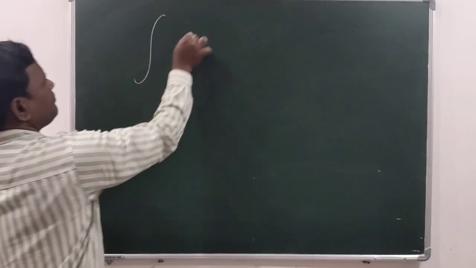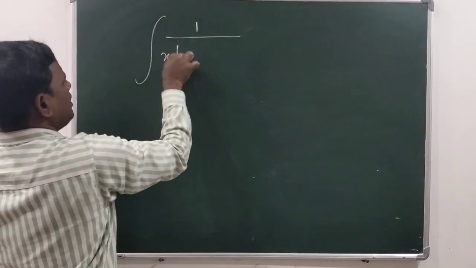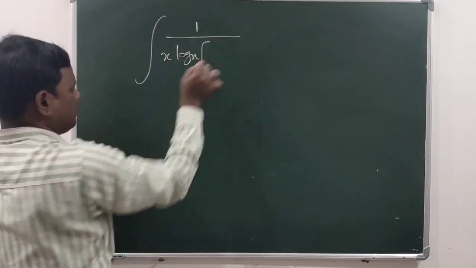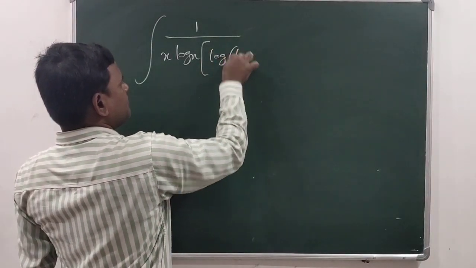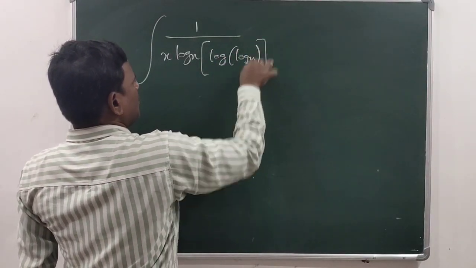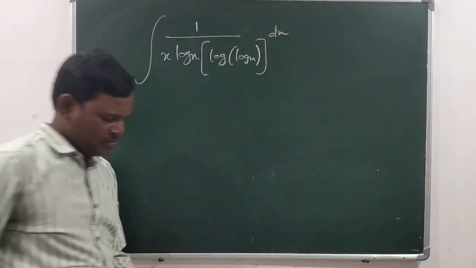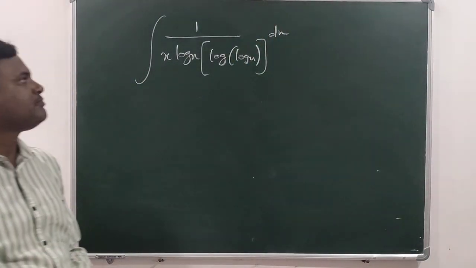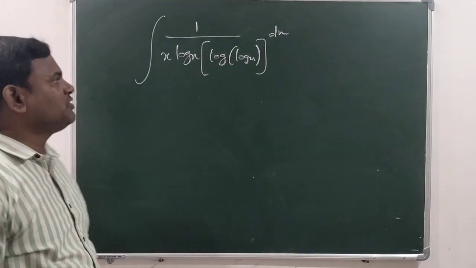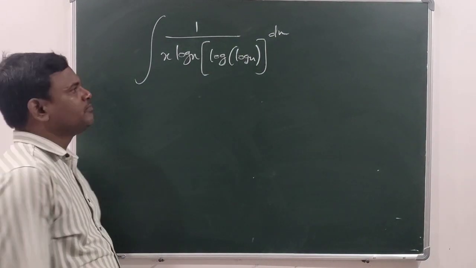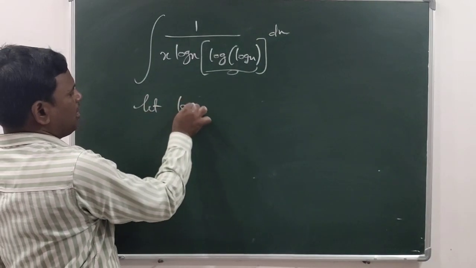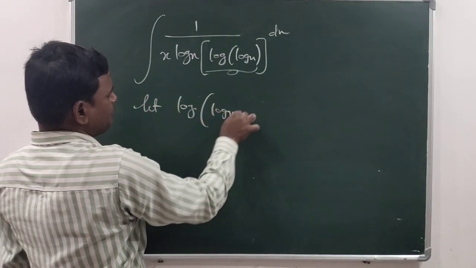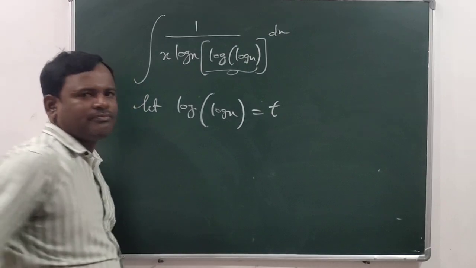Integral of 1 by x log x, bracket of log x, dx. Now students tell me, even this one also we are going to answer by substitution. Now let us take this log of log x is equal to t.